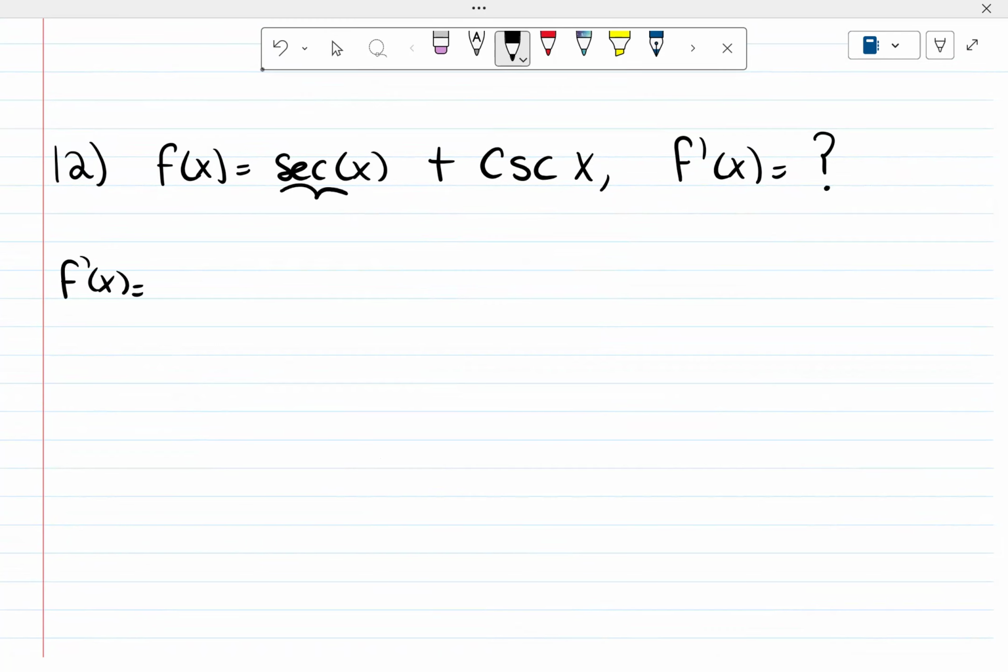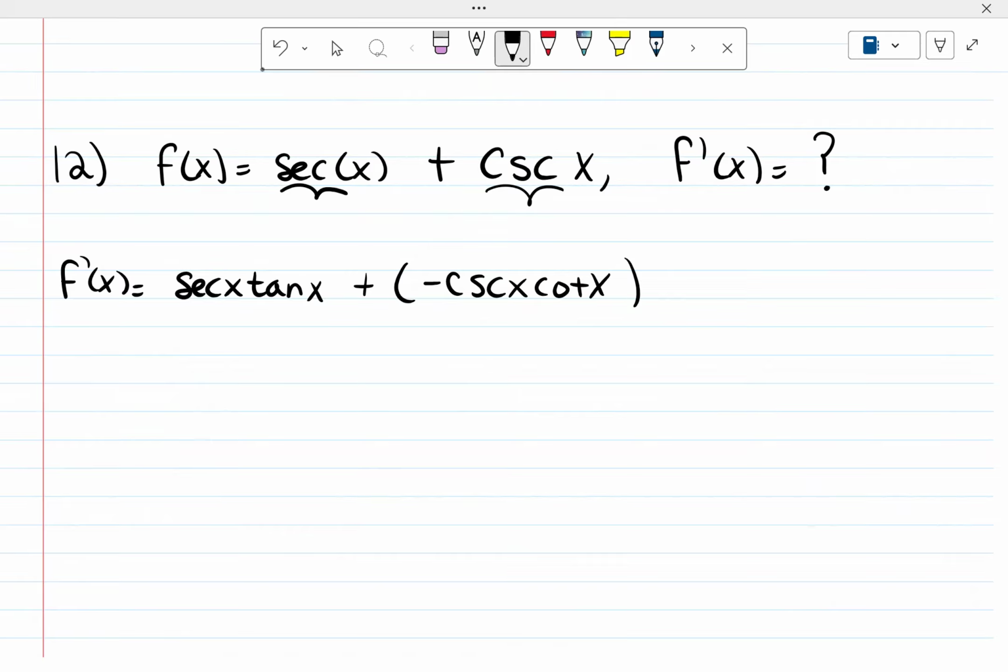So what is the derivative of secant of x? That is going to be a special one. That's going to be secant of x times tan of x. And what is the derivative of cosecant of x? That is going to be negative cosecant x times cotangent of x.